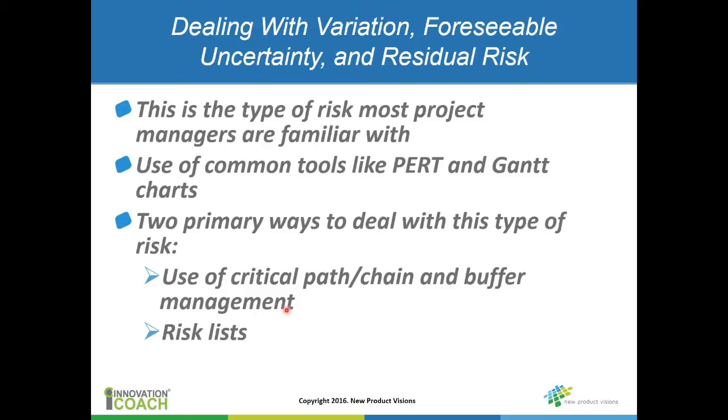So there are lots of different techniques that we are very comfortable with as project managers to manage task variation and try to understand it and cope with it and manage it. And then we use techniques like risk lists in order to manage and deal with foreseeable uncertainty. And we're going to talk about risk lists here in a little bit.